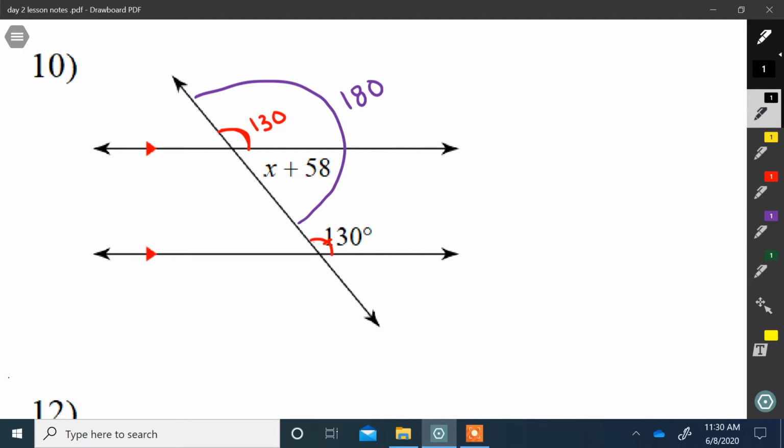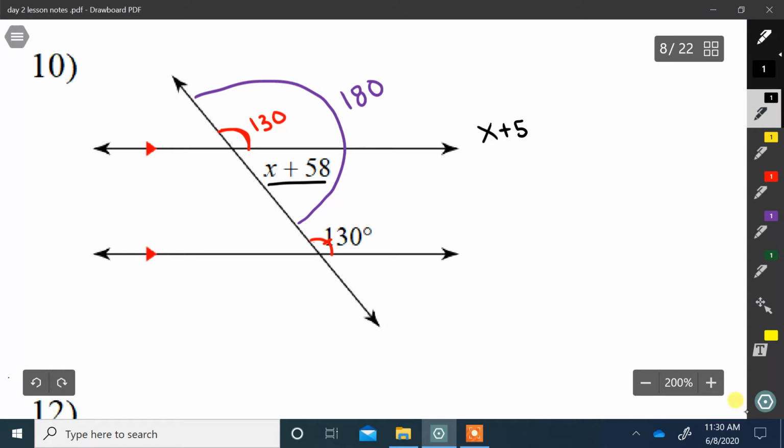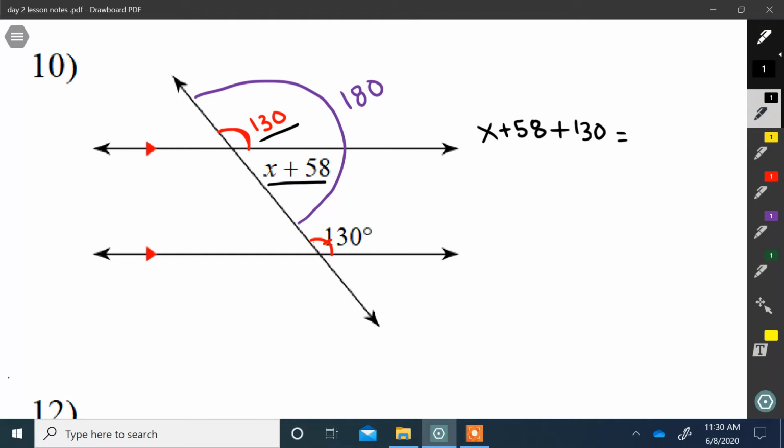Okay, so that means that this x plus 58 plus 130, when you add those two together, has to add up to 180 degrees.